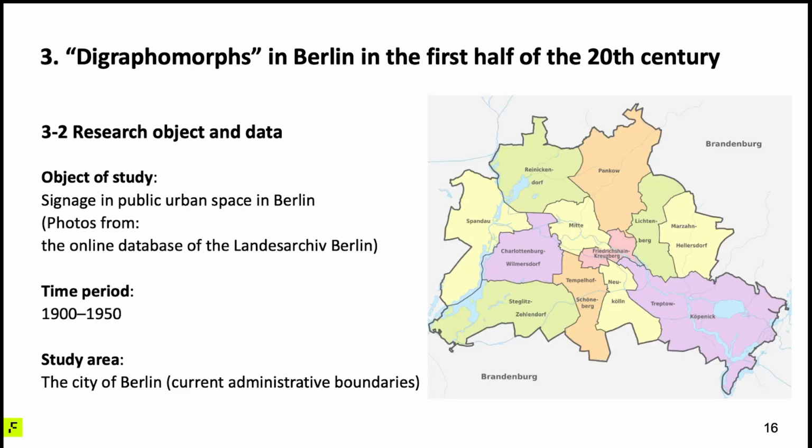Now, I will explain my dataset. The object of my study is signage in public space in Berlin. The dataset was collected using the Landesarchiv Berlin online database. The analysis covers the period from 1900 to 1950.